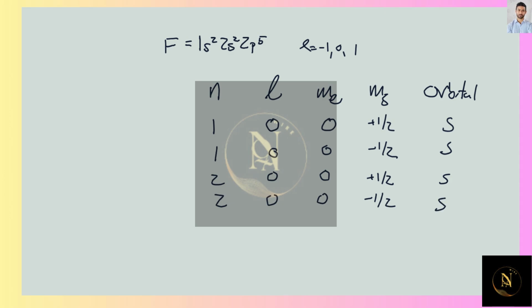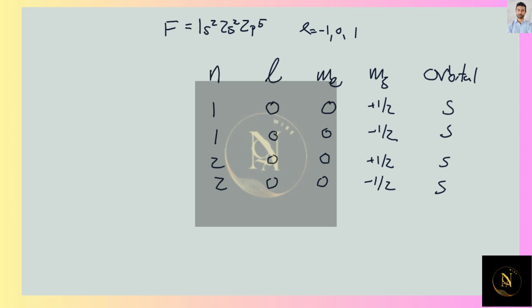It's 1s, 2s. Now we move into the p. Here n is still 2, but suddenly l becomes 1, because l can range from 0 all the way up to n minus 1.